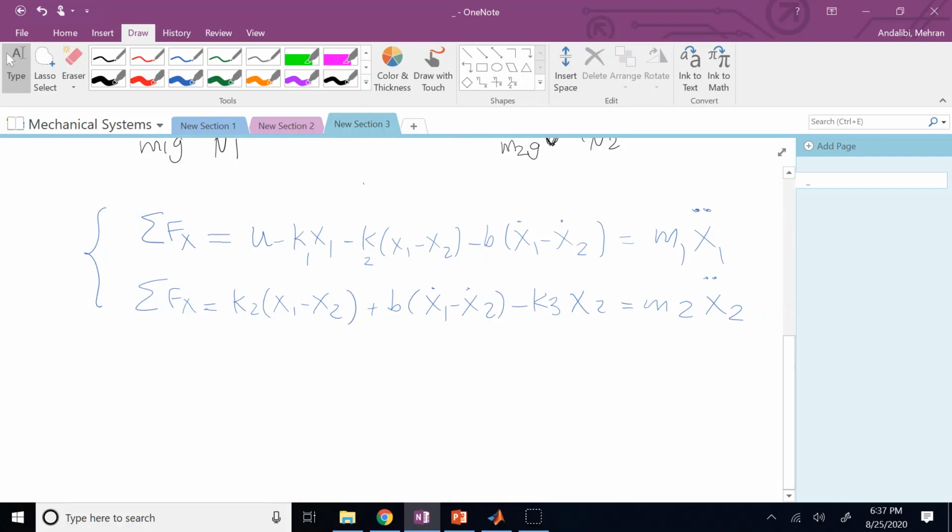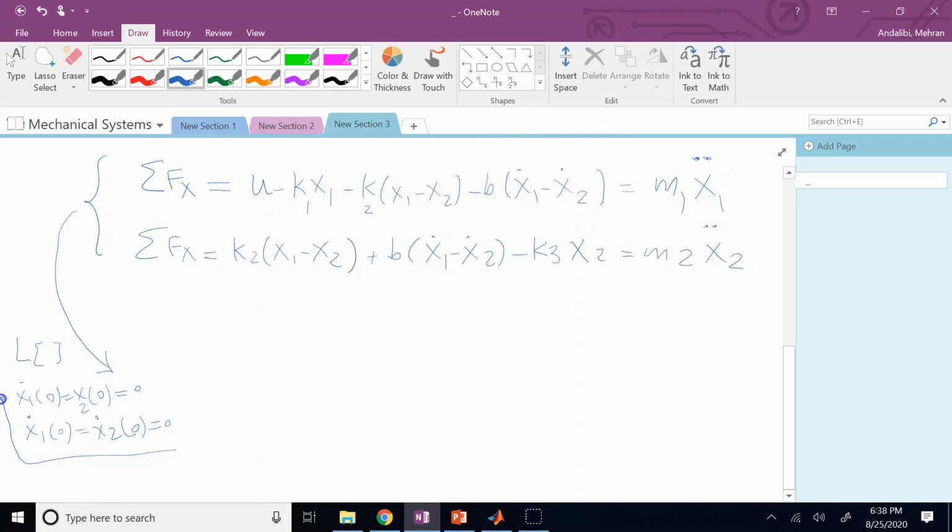So I'm going to take a Laplace, and as I said, you need to assume zero initial conditions, which means x1 of 0 and x2 of 0 are 0, and also x1 dot of 0 and x2 dot of 0 are 0. Okay, so these are my assumptions because I'm doing transfer functions.